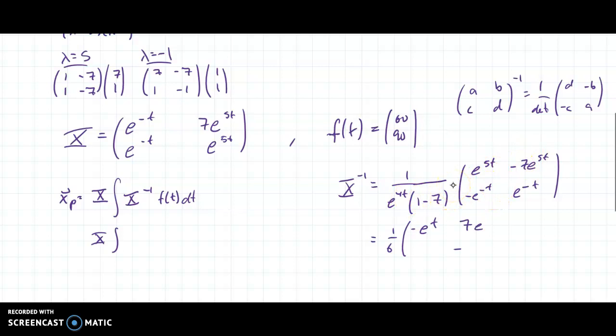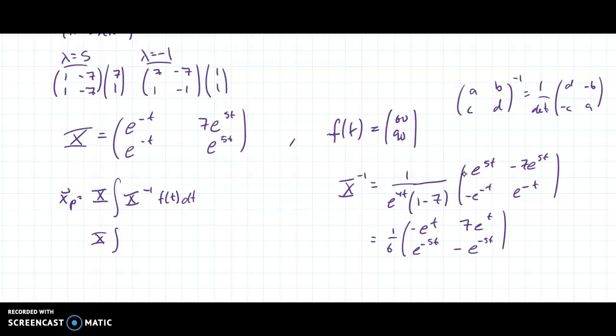And then this one's also going to be an e to the positive t. And then when I do this one, I get negative t minus 4t. That takes me to e to the negative 5t. Double check my signs. This was negative. Now it's positive because I moved that in. And then this guy is negative, and we get the same thing, e to the negative 5t right here.